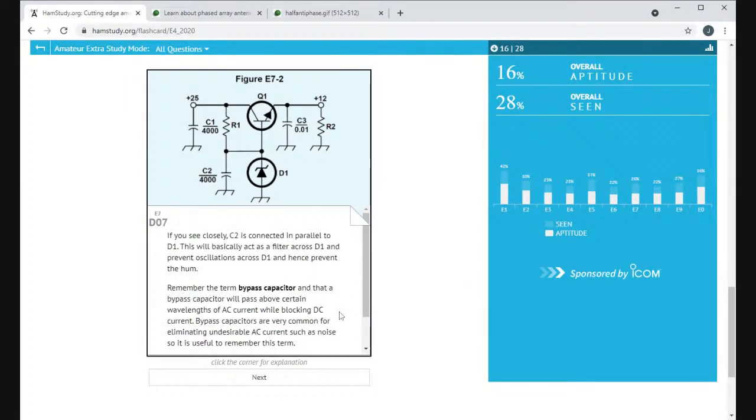Remember the term bypass capacitor, and that a bypass capacitor will pass above certain frequencies of AC current while blocking DC current. Bypass capacitors are very common for eliminating undesirable AC current such as noise.